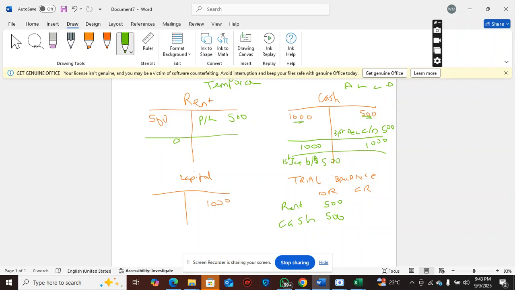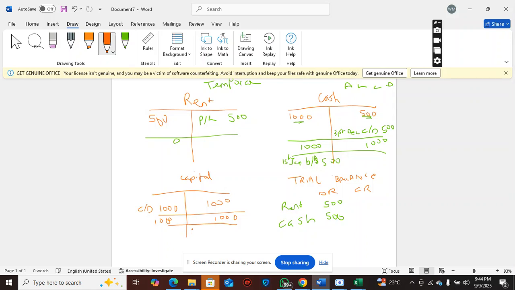Then for capital, also a permanent account, we put the higher amount on both sides, 1000 here, 1000 here. Then at the end of the year, balance carried down comes on the lower side, which is the debit side. So 31st December, balance carried down 1000.